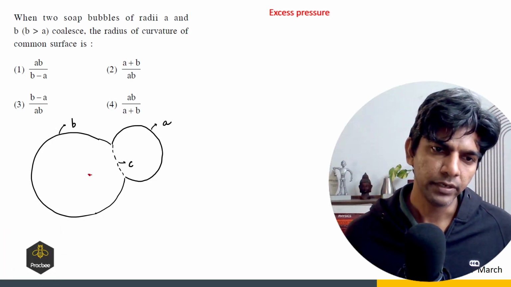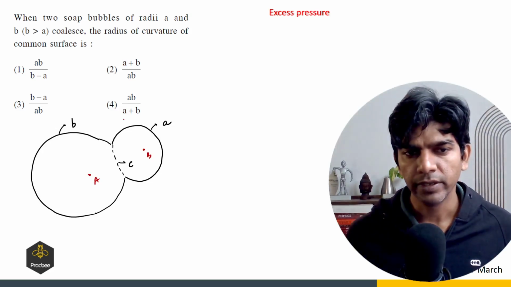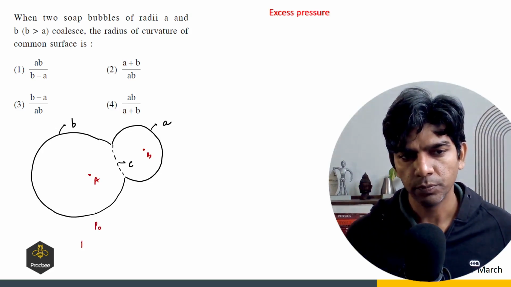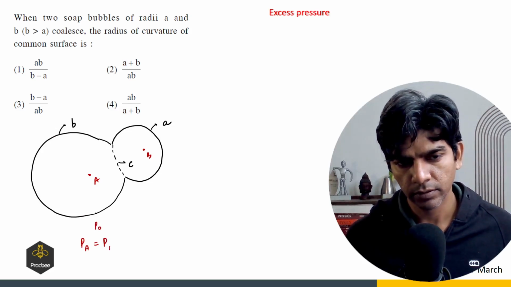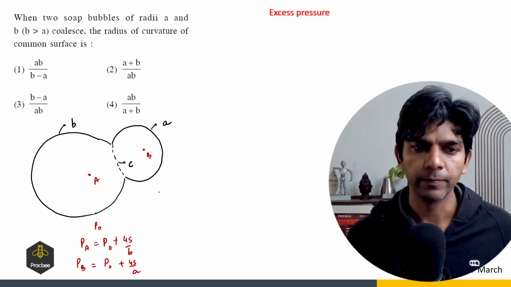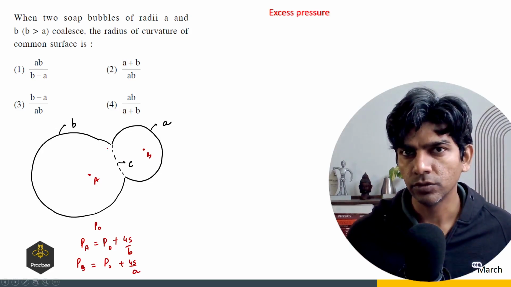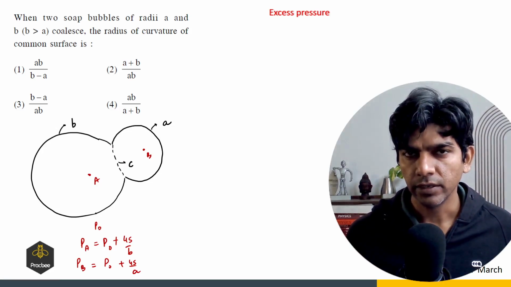So if I take point A and point B, and let us say surrounding outside we have pressure P naught. So PA will be greater than P naught by 4s by B, whereas PB is greater than P naught by 4s by A, and the pressure on the concave side is greater than pressure on the convex side, right?